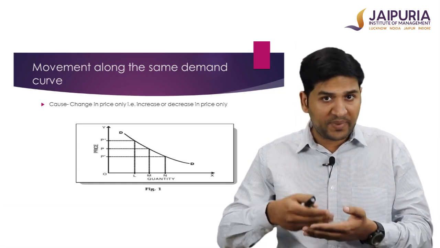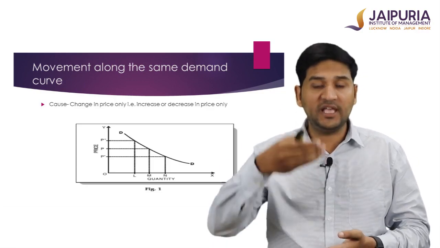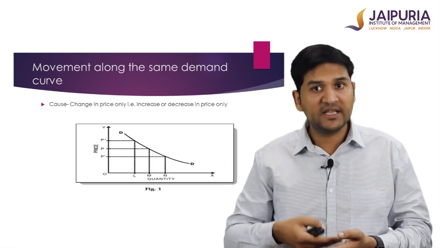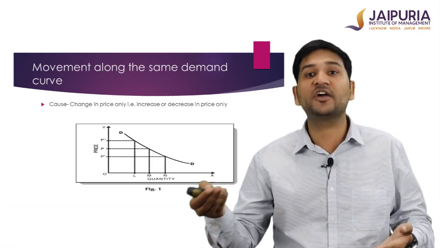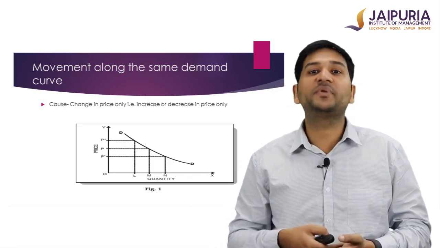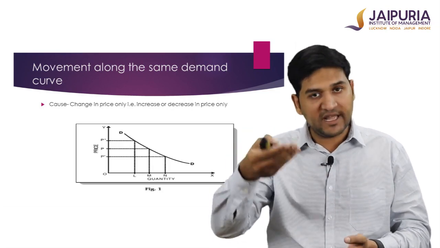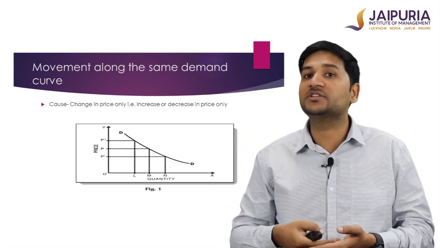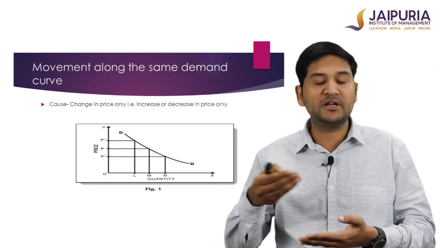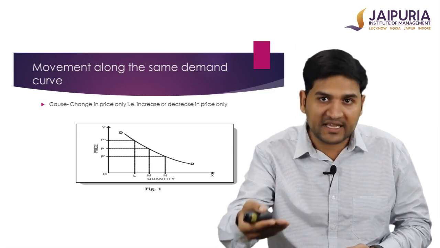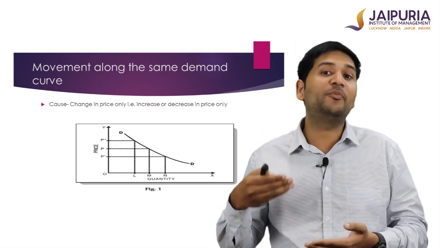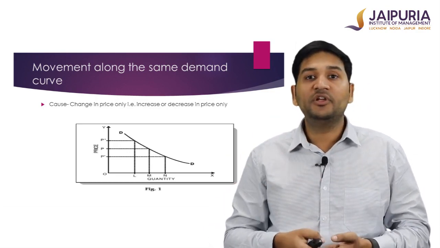That is, when price of a commodity increases or decreases, then quantity demanded will decrease or increase accordingly. That is, when price of a commodity increases, then its quantity demanded decreases, and when there is price increase, then consumer moves upward in demand curve.